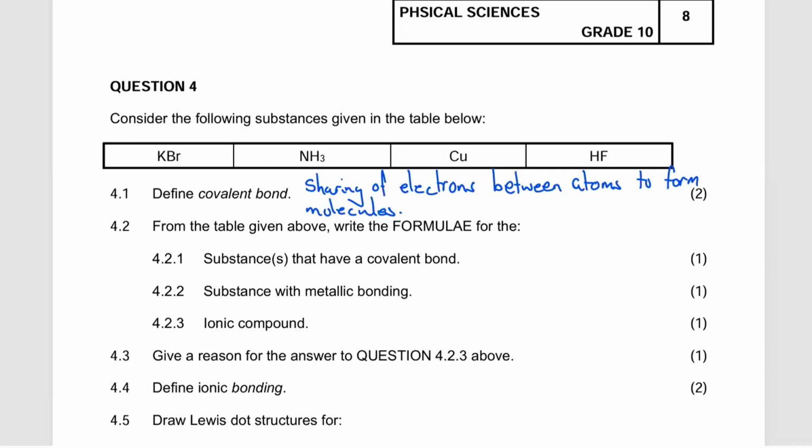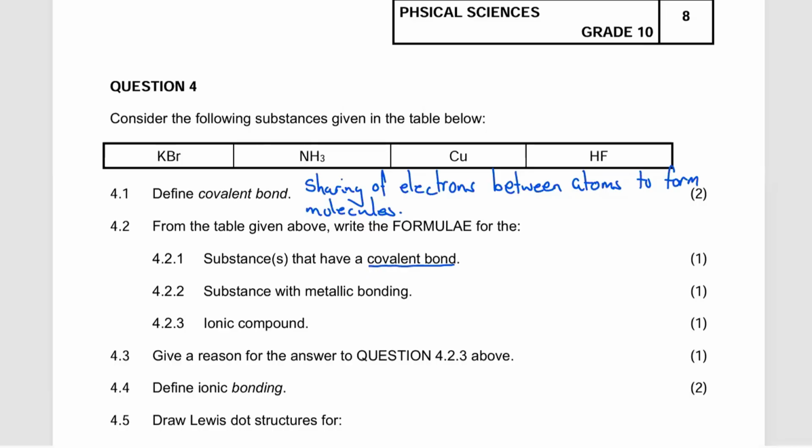Now 4.2 reads: from the table given above, write down the formula for the substance that has a covalent bond. A covalent bond is the type of bonding where we use our outermost electrons found on the outer shell.